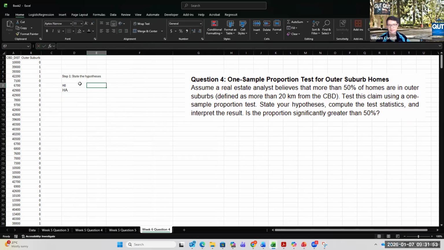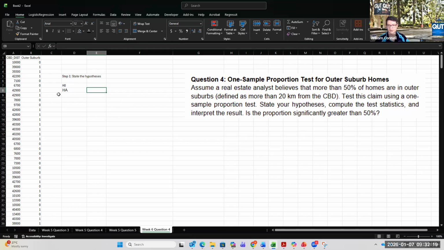Particularly when we're dealing with an inequality in our hypotheses, and in this case we're told the real estate analyst believes more than 50% of homes are in outer suburbs, it's best to write our alternative hypothesis so that this is the claim we're trying to find evidence in favor of, rejecting the null in favor of this.